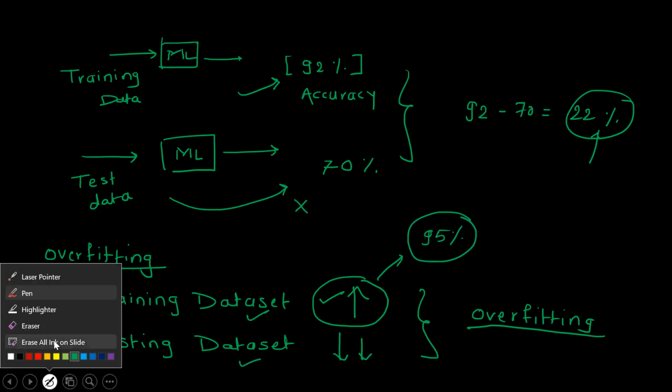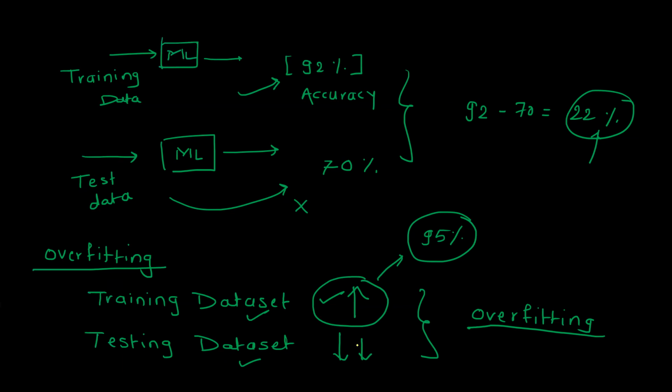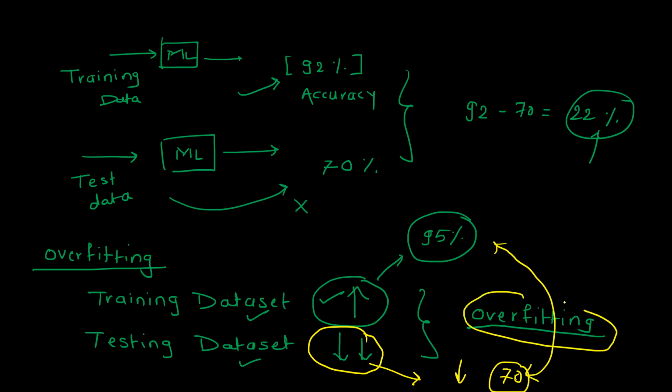But when we test our model on the testing data set, which was unknown at the time of training, our accuracy goes down, let us say to 70%. There is a huge gap between this 70% and 95%, and that is creating the problem of overfitting.